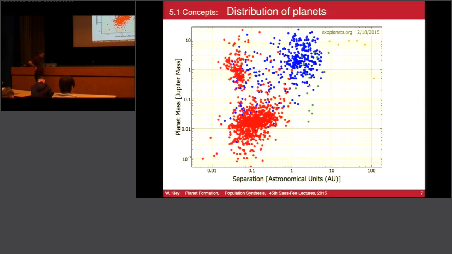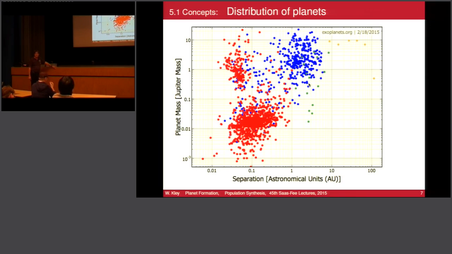Here we try to find a solution explaining this whole distribution in this crucial diagram, the planet mass versus separation, for these different planets. You try to find out why you have more planets here, more here, or less here, or maybe less in between, more here again, and so on. So this is the goal of population synthesis.